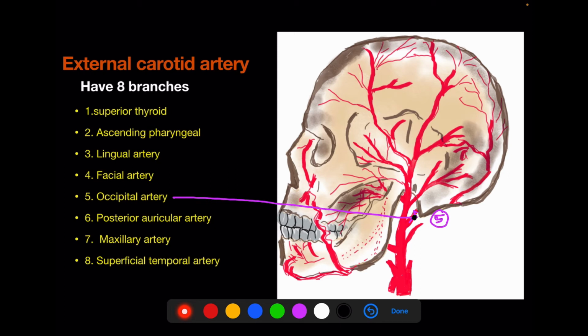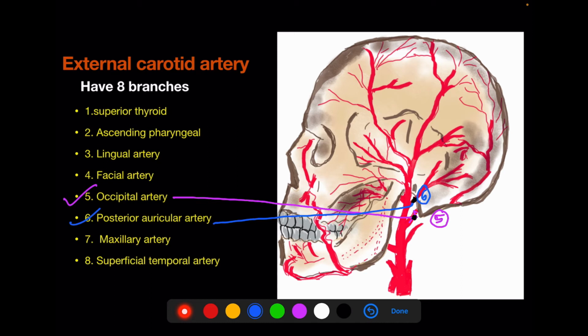Now the 6th one, that is the posterior auricular artery, which is here, just above it. So I am using blue to identify it. This one is the posterior auricular artery, 6. Occipital artery and the posterior auricular artery.